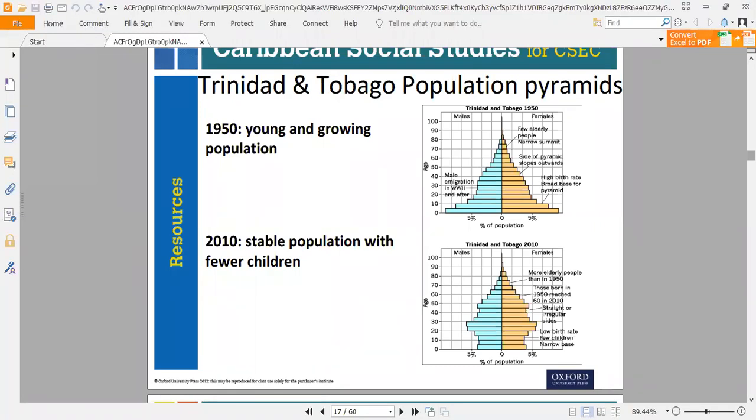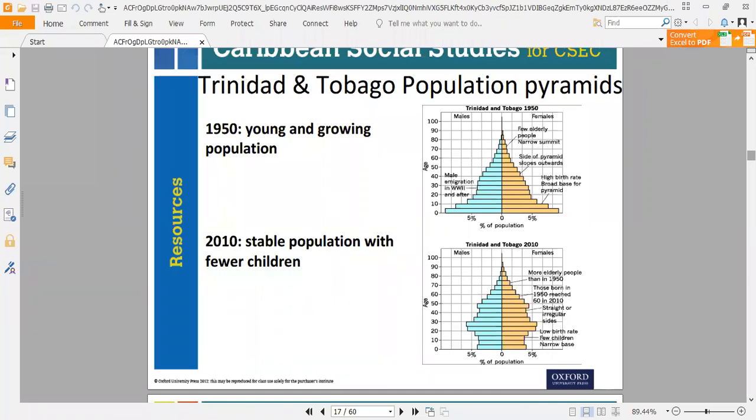Why is it that in 1950 it is showing young and growing population? Anybody? Is anybody able to respond to that based on what you're seeing? Why is the population telling us that the population is young and growing?